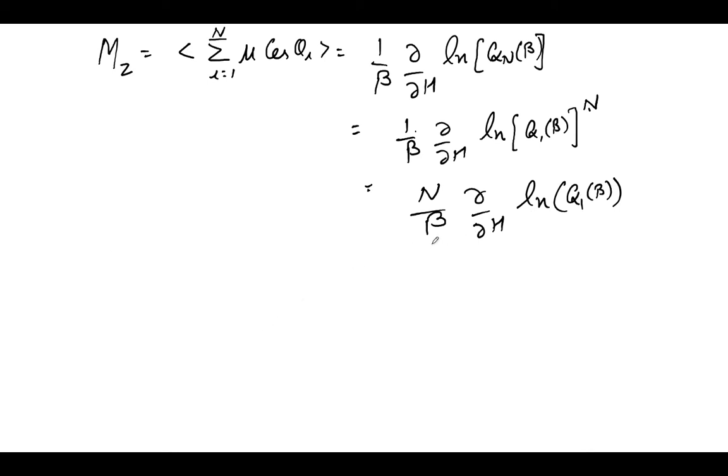Taking the derivative with respect to h, this equation becomes n over beta, logarithm of the partition function of one dipole, that is exponential of mu beta h cos theta. So this equation becomes beta into mu cos theta.